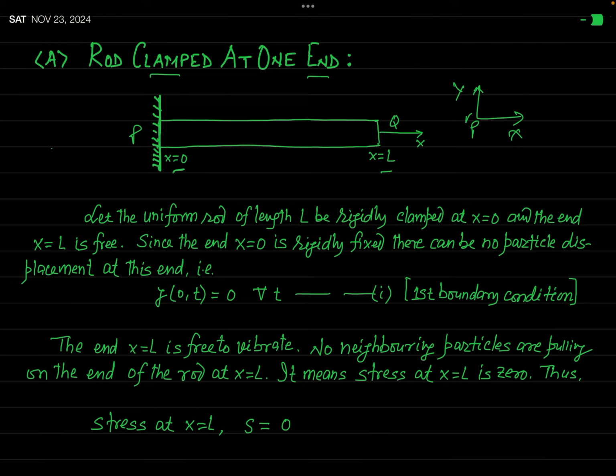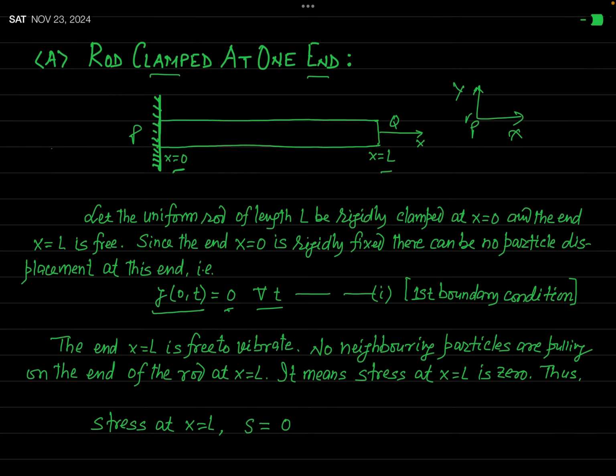Mathematically, you can write that y of (0, t) is equal to 0 for all time t. It means displacement at x equal to 0 is 0 at every time.